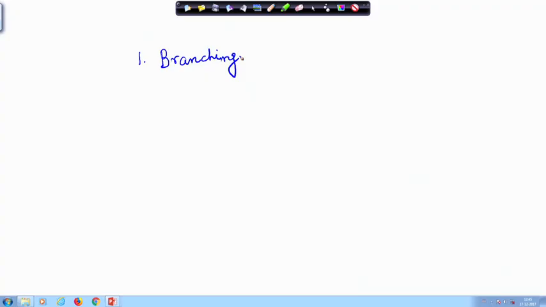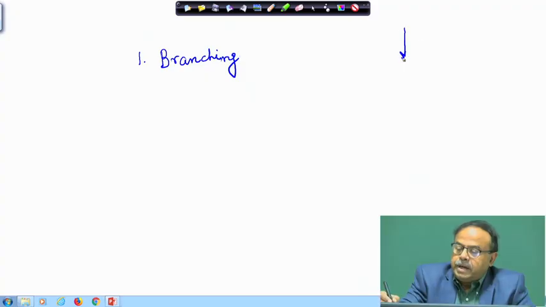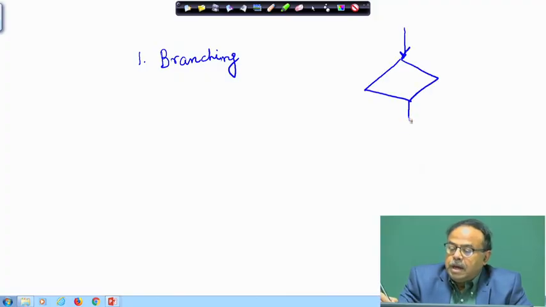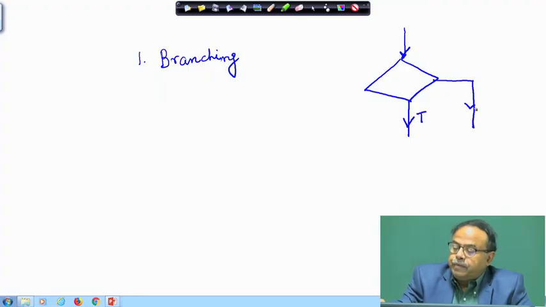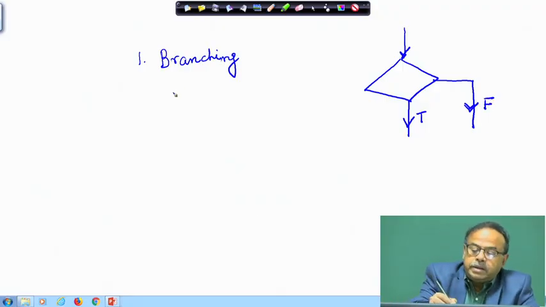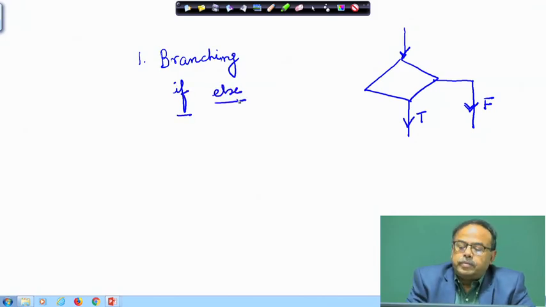Branching means that whenever there is a sequential flow, we come to a decision box, and depending on whether the result is true or false, we take different paths. That is implemented by the if else statement.